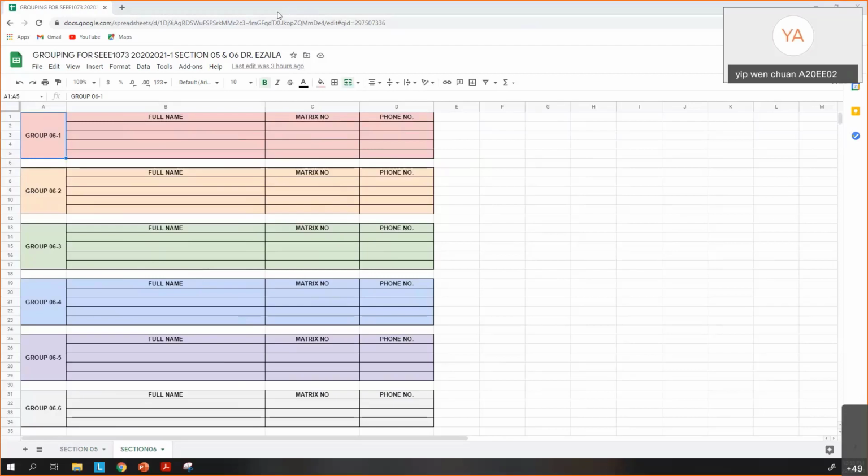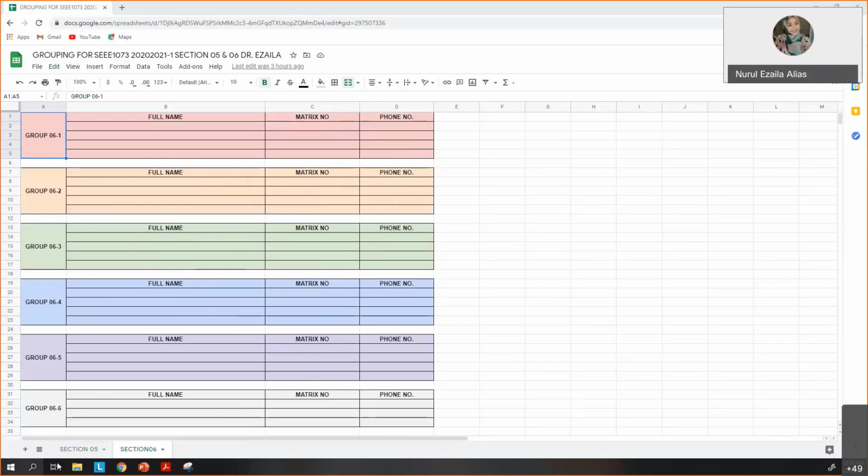Group members, is it by ourselves? Yourself, whichever you are comfortable with. Doctor, is it for both codes? Yes, for both codes. Because when you register, although you are SKEE 1073, you are still section 5 or 6.